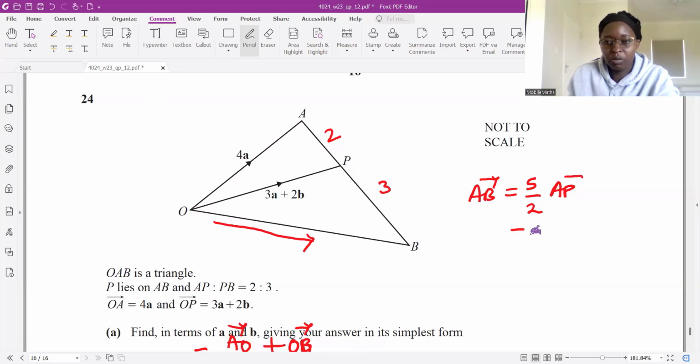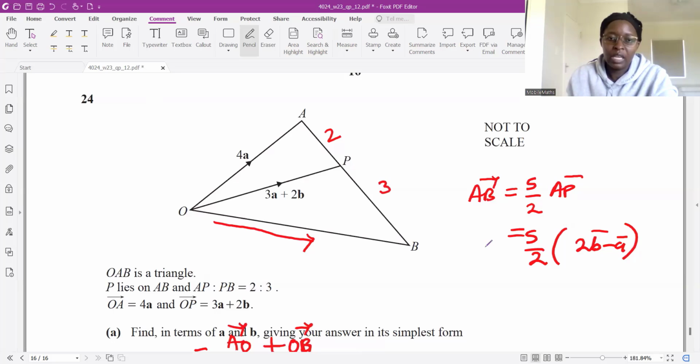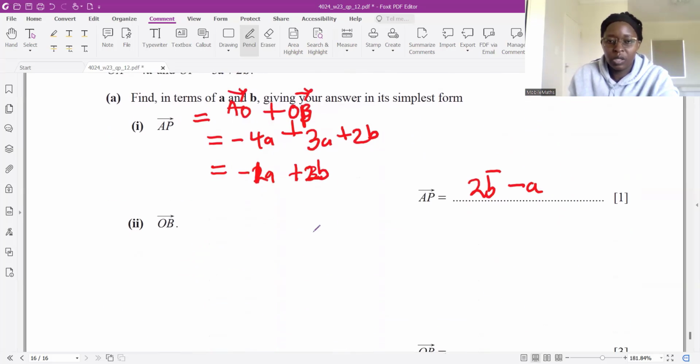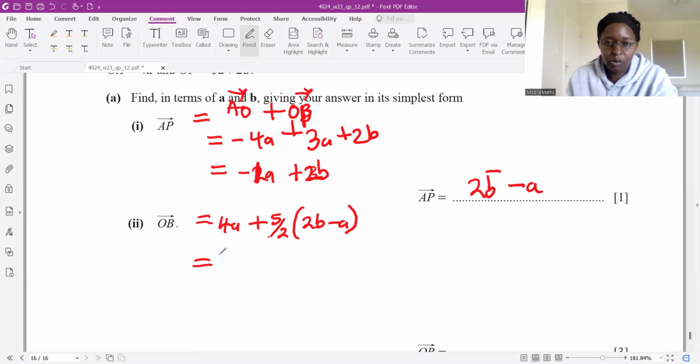Okay, so this is going to be 5/2 of 2B minus A that we just got now. So we are going to say A or B go this way, then we go up, a plus and then another plus here. So it's going to be 4A, then plus 5/2 of 2B minus A, like that.